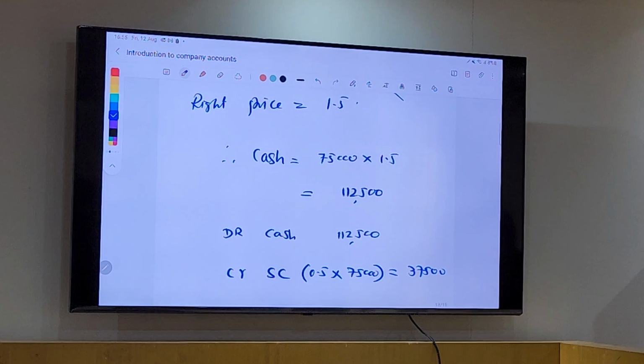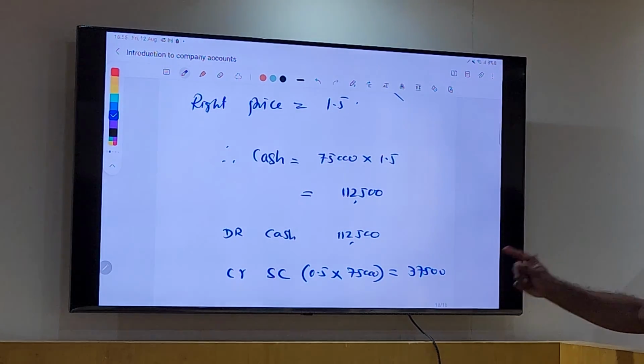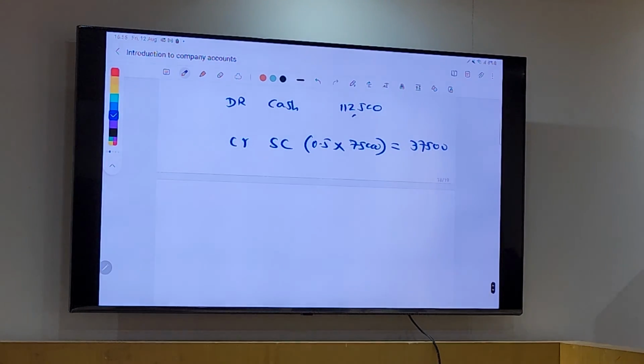So the next item, there's a difference. You call it share premium. Credit share premium: 1.5 minus 0.5 into 75,000. How much is that? This double entry, is that clear?